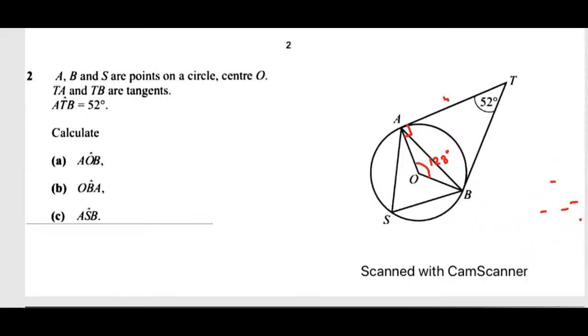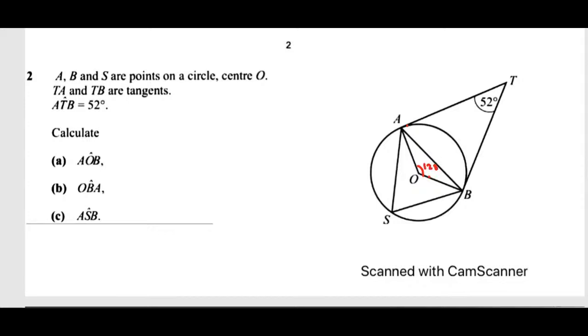Now we have to calculate part B, that says angle OBA. That is easy actually. I will rub this 128 as well because it's taking too much space. So I got an answer from Saneem already. Very good, Saneem, excellent. So this angle turned out to be 128.